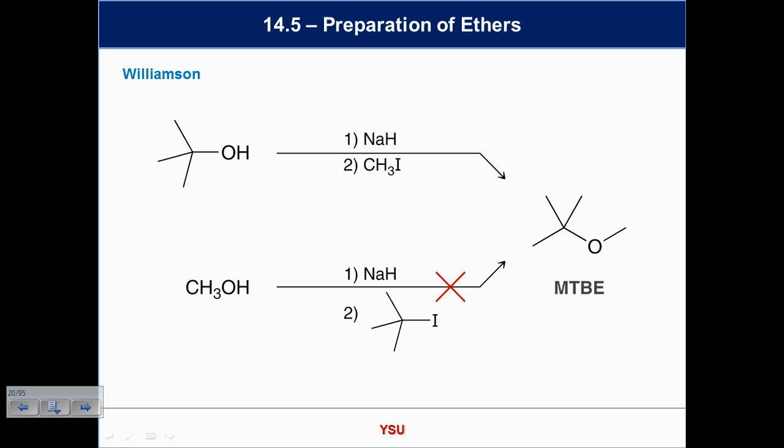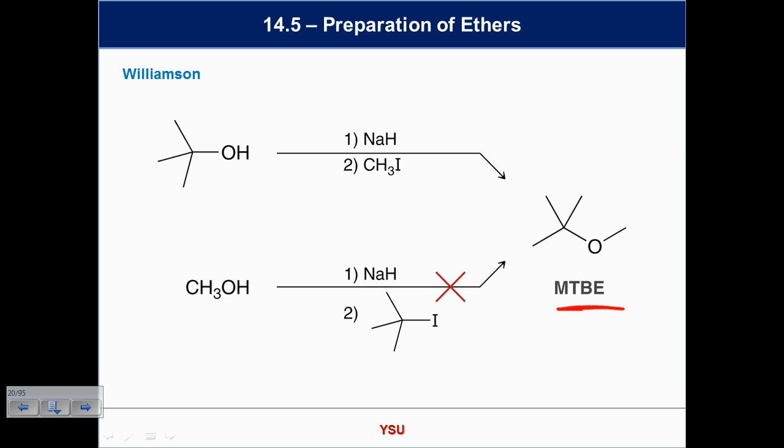So very useful. There are some limitations again. This is just showing an example of methyl tert-butyl ether, which I think they still use in petroleum. I think it's still in gasoline as an additive. This is a non-symmetrical ether, but you have some limitations in terms of how you do this. If you had to design that molecule and come up with a synthesis, you can only do it one of those 2 ways.